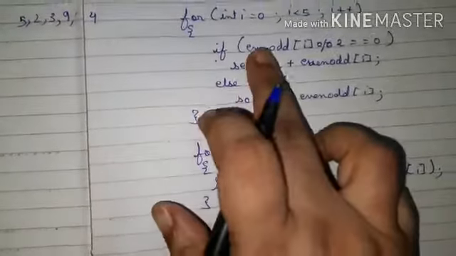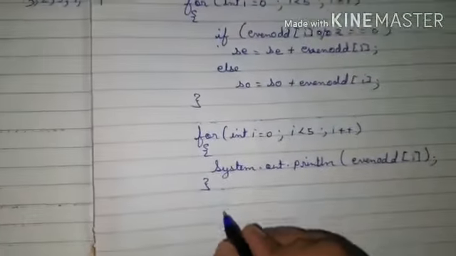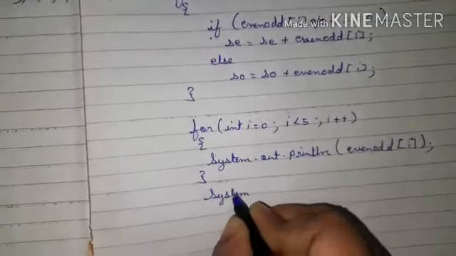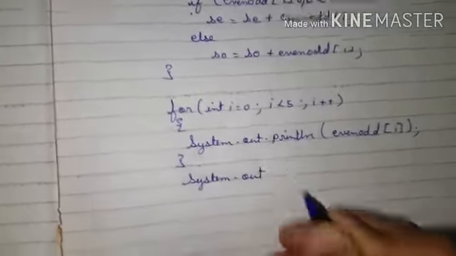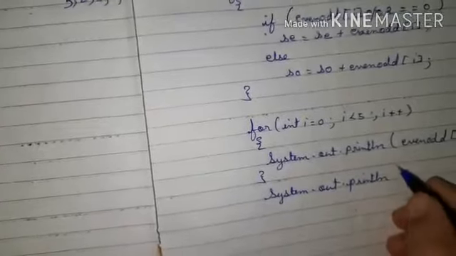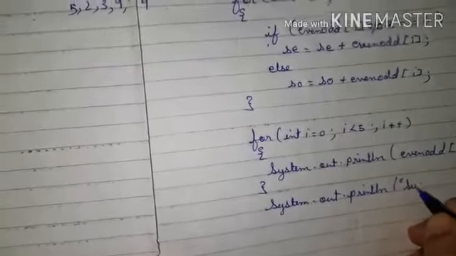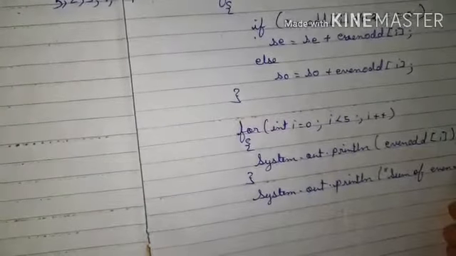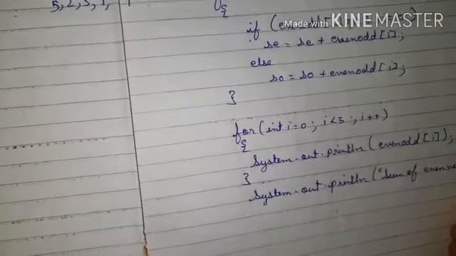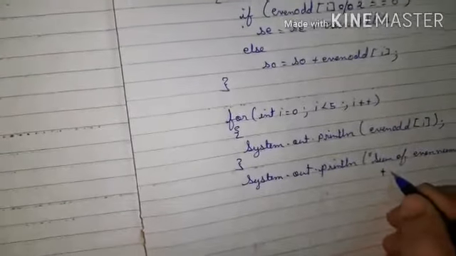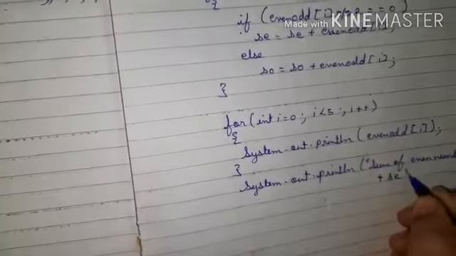Now I am going to display the sum of this. So System.out.println, sum of even numbers, plus sign, SE.